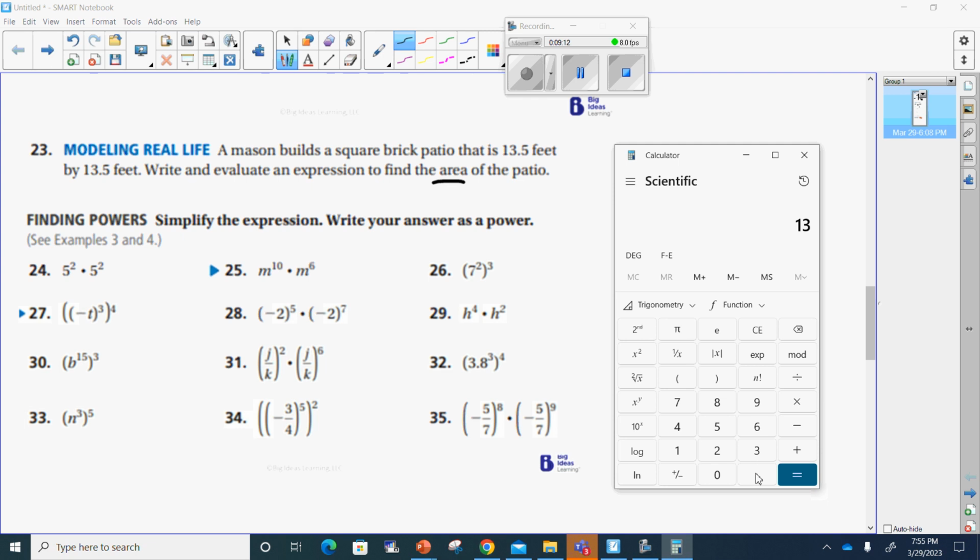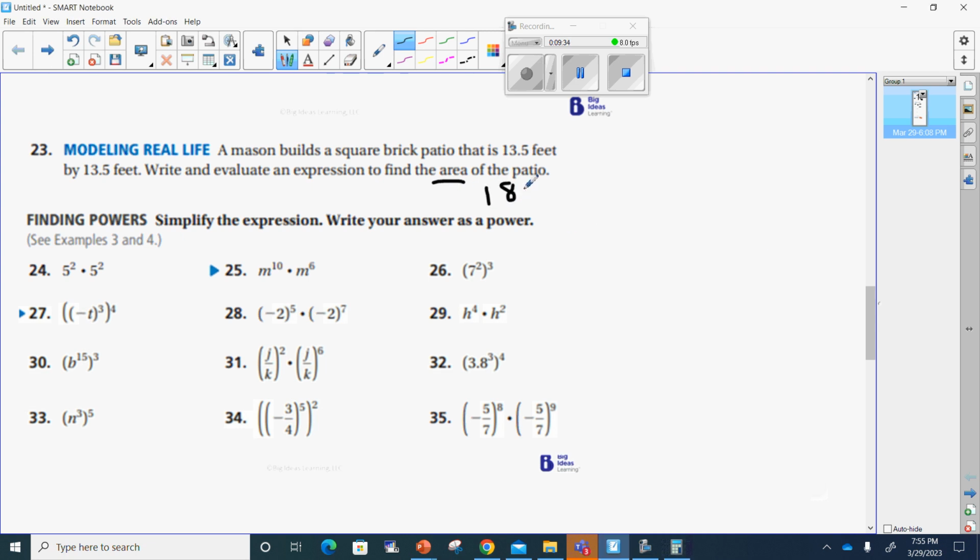Actually, I could have just squared it up here. Let me try doing that so you can get an idea of how that button works. 13.5, and then I'm just going to put the square button here. That's 182.25, and that would be feet squared.